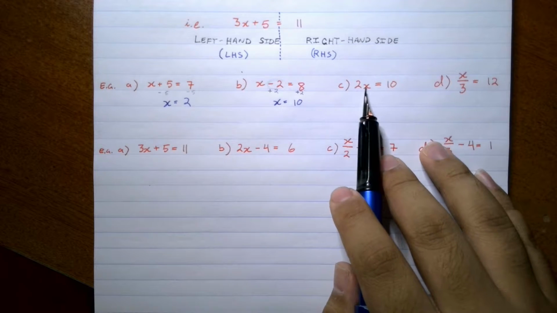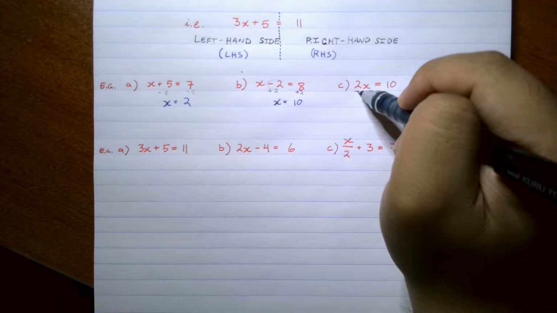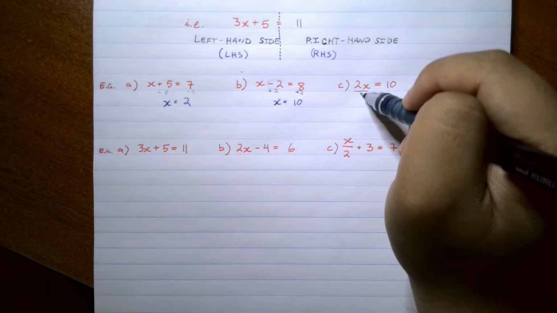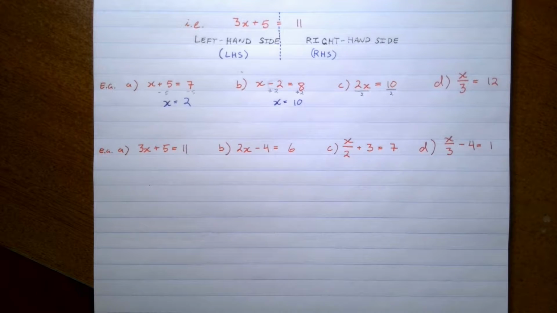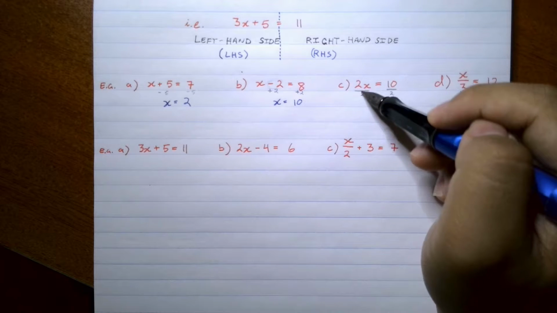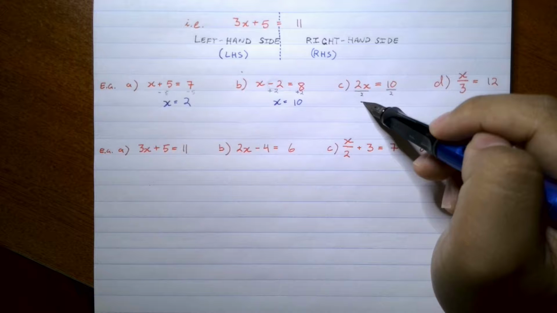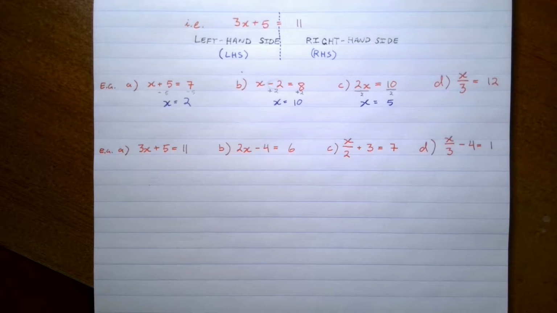Well, 2 times x equals 10. The reverse of this is dividing by 2, dividing both sides by 2. That will cancel out or reverse the 2x, leaving us with x by itself equaling 5.